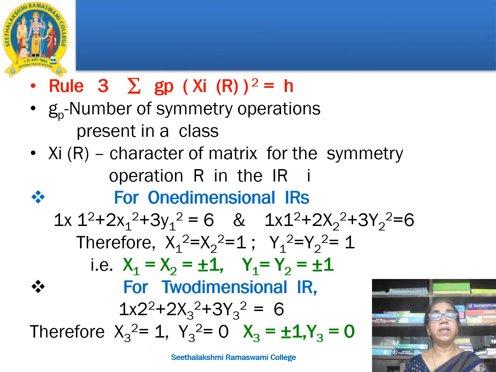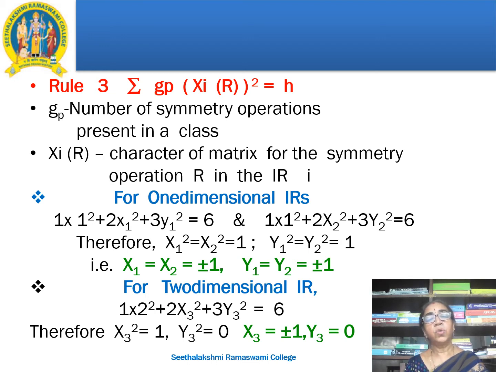In order to evaluate the characters of C3 and sigma V, rule 3 can be followed. That is, the sum of g_R times chi_i(R) the whole square equals h. As already mentioned, g_R is the number of symmetry operations present in a class. Chi_i(R) is the character of the matrix for the symmetry operation R in the IR i.